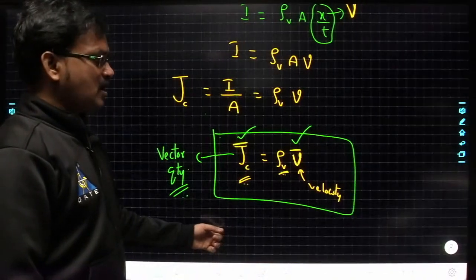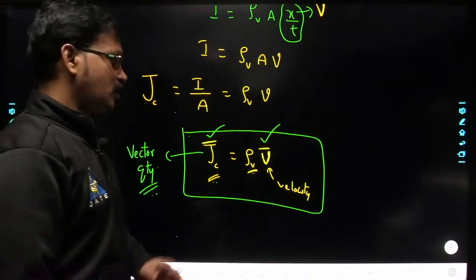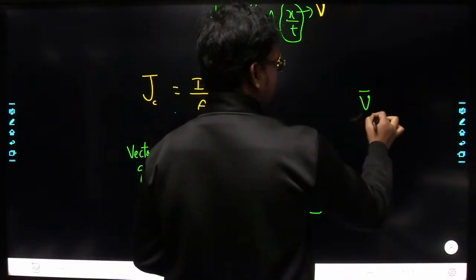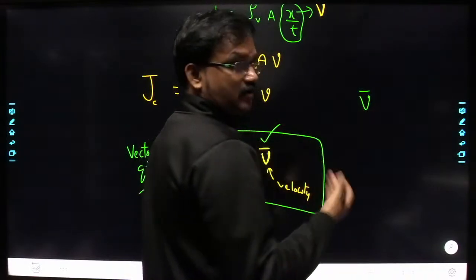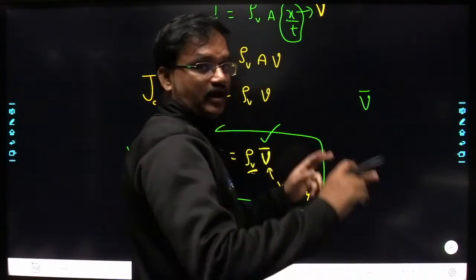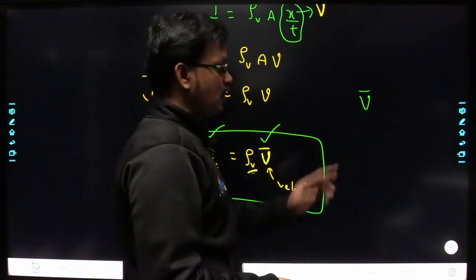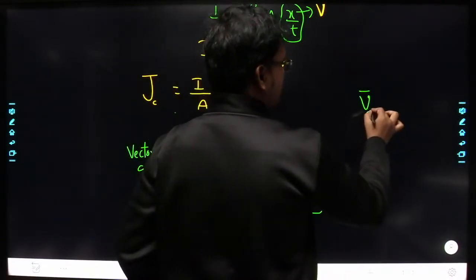Understood? Okay. So in EDC you will study that this velocity Vd is the velocity acquired by the charge carriers whenever you apply some potential difference across the conductor. Yes or no? So this velocity we generally call the drift velocity.